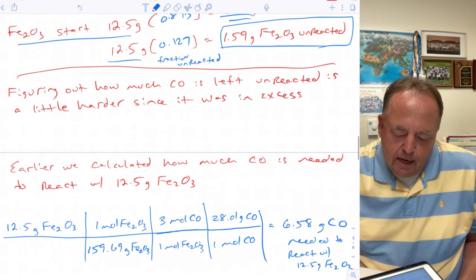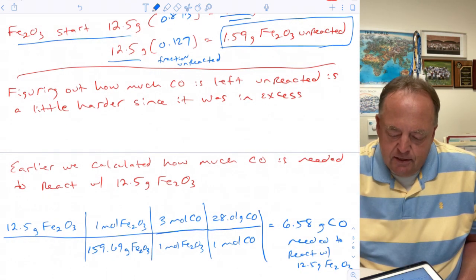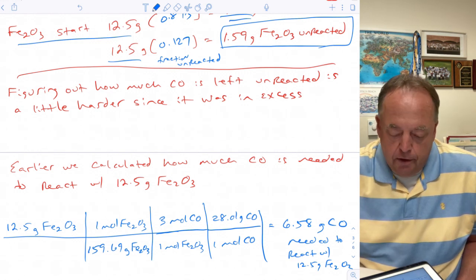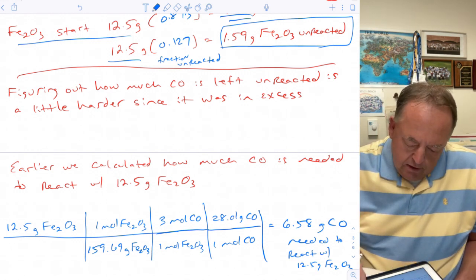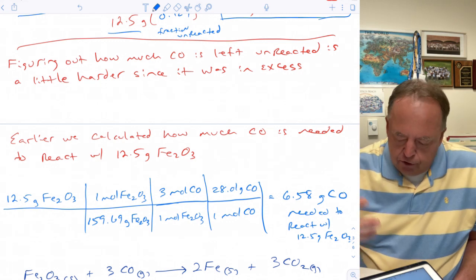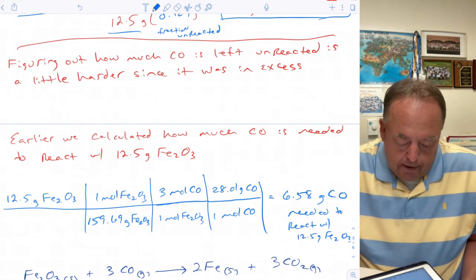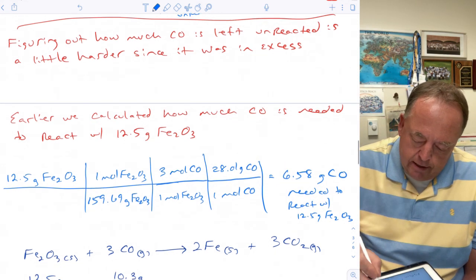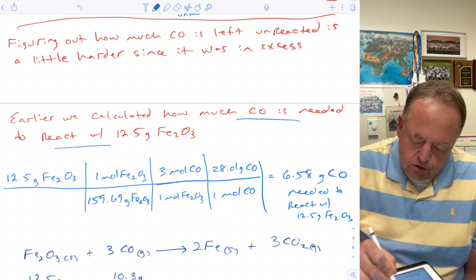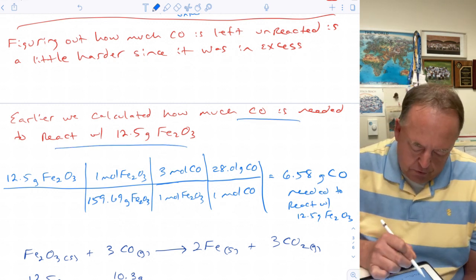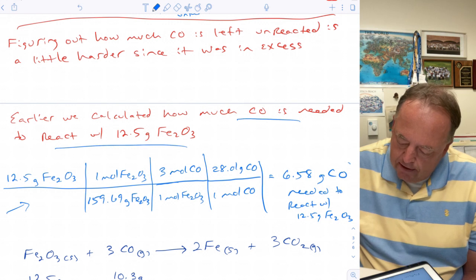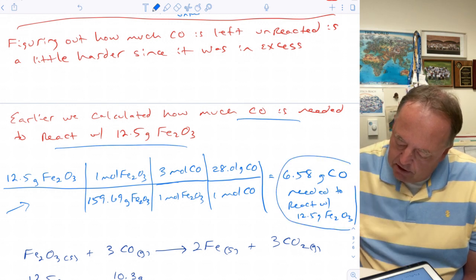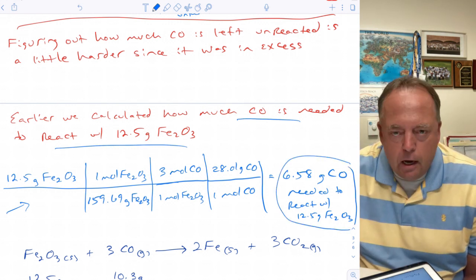Okay, so figuring out how much carbon monoxide is left unreacted is a little bit harder since it was in excess to begin with. So there's a few extra steps. Earlier we calculated how much CO is needed to react with 12.5 grams, right? We went through this dimensional analysis to figure out that you need 6.58 grams of carbon monoxide.